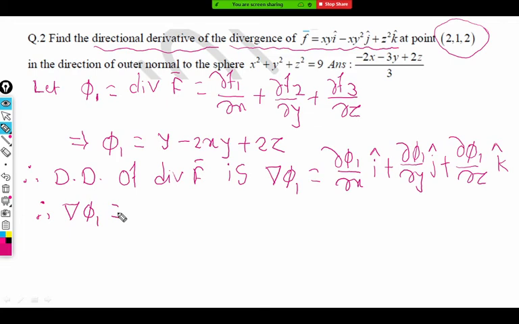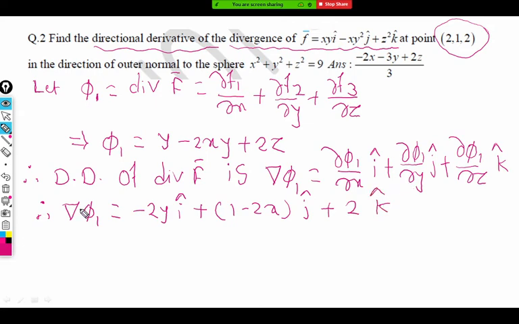Dou phi 1 by dou x is minus 2y, i cap. Dou phi 1 by dou y is 1 minus 2x, the correct answer. And lastly, dou phi 1 by dou z is just 2 only.